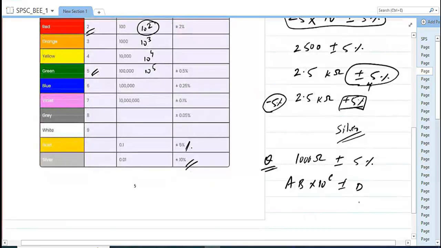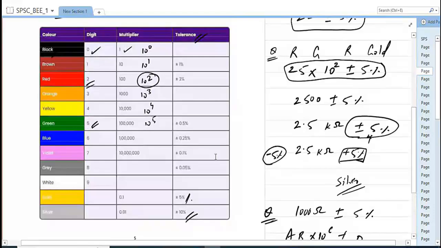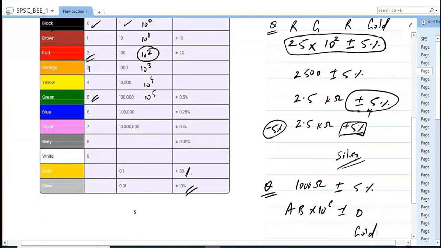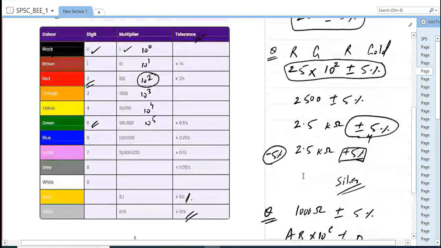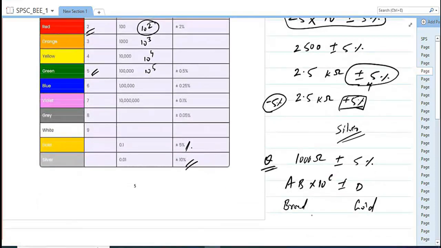For A, you can take brown, then for B you can take black.